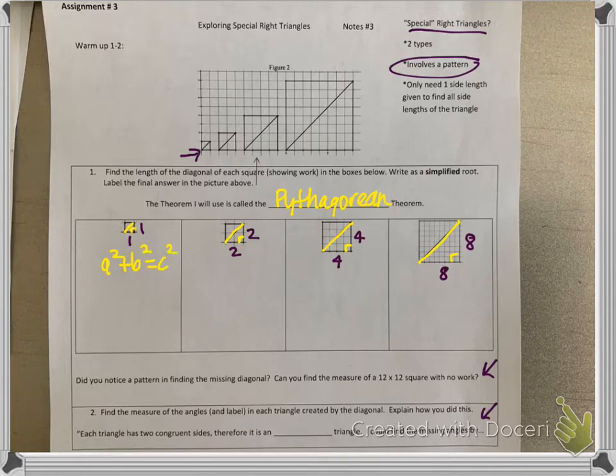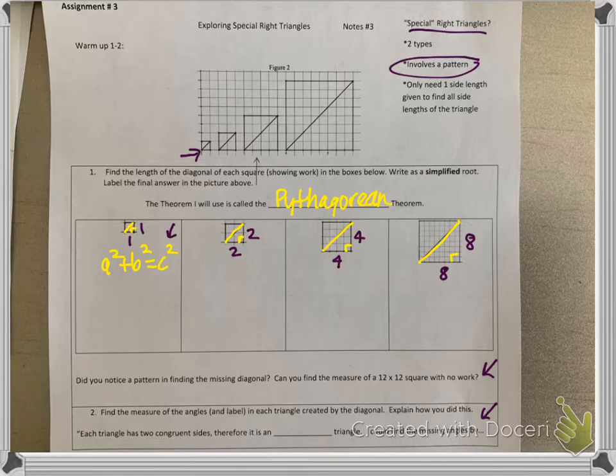It's an equation used to find one missing side of a right triangle if you're given 2 of the sides. And for all 4 of these examples, the unknown is our hypotenuse because it's opposite the 90-degree angle. So the diagonal is always your hypotenuse, or in the equation, what you're trying to find is your c.